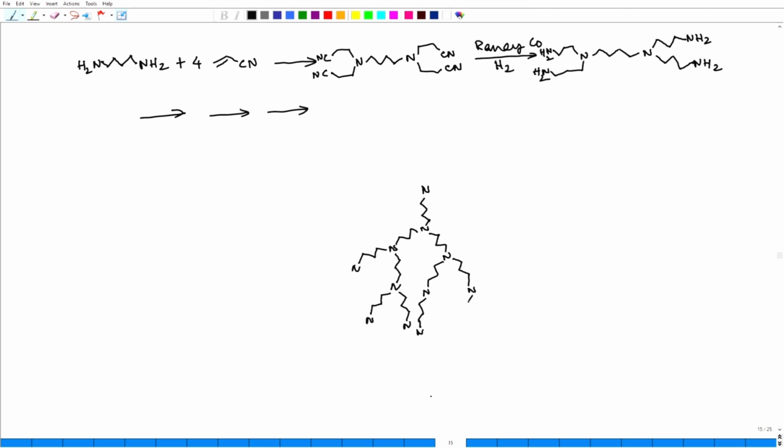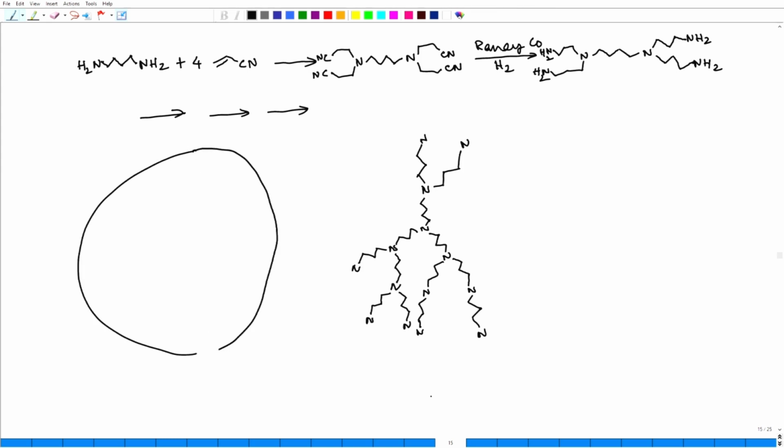Then what you will get if you continue like this on this side also, 1, 2, 3 nitrogen, then again it will go. Then what do you get? You get a huge ball, okay, and that is called a dendrimer.